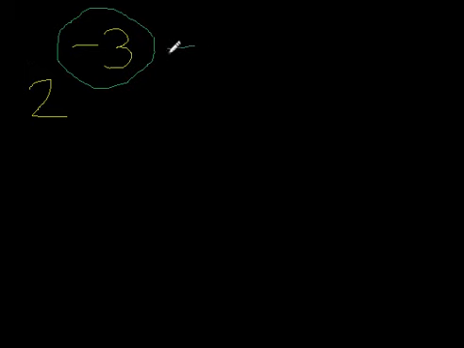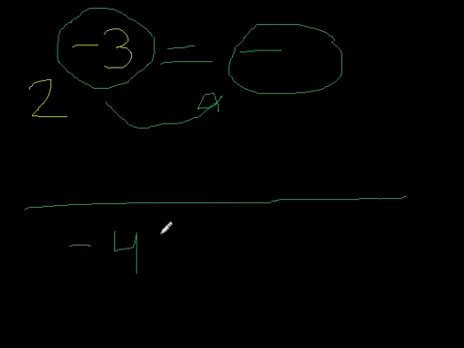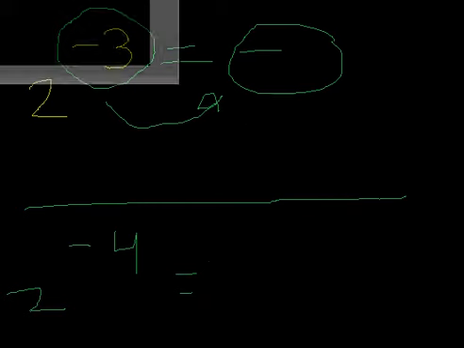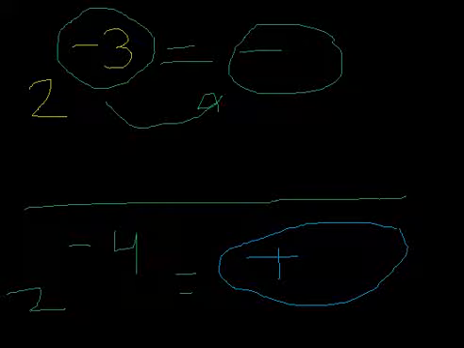They would always end up giving you a negative answer. On the other hand, even negative exponents will end up giving you a positive answer. Let me show you what I mean.